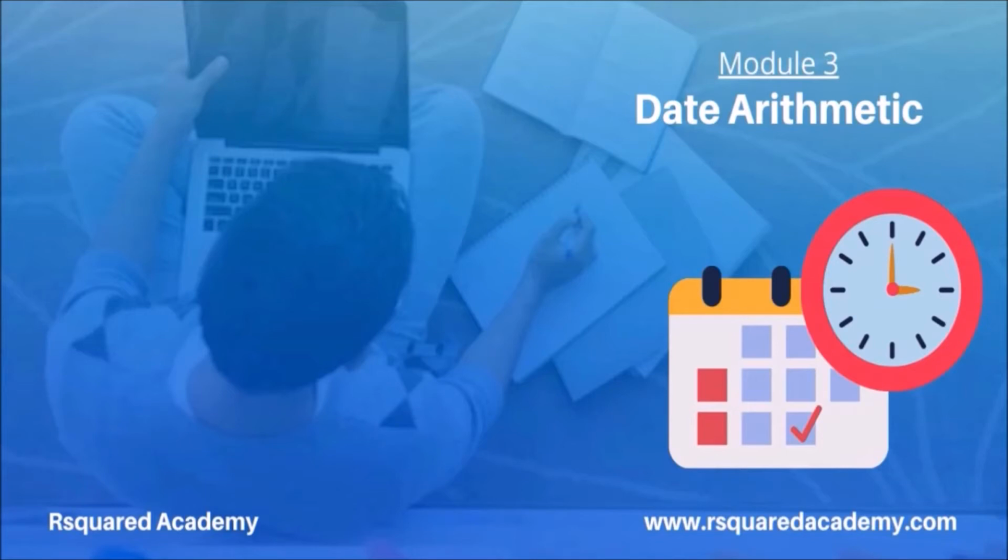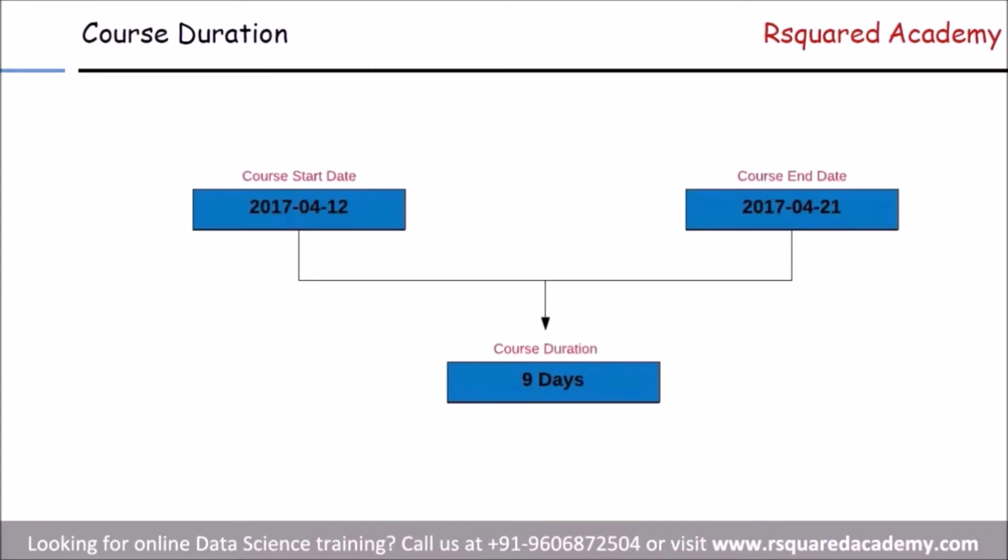So now, since we have learned about the right way to store date and time in R in the previous module, using the Date, POSIXct and POSIXlt classes, we can look at some basic arithmetic. We learn how to add or subtract the different components. For this, we'll start by calculating the length of a course you have enrolled for.